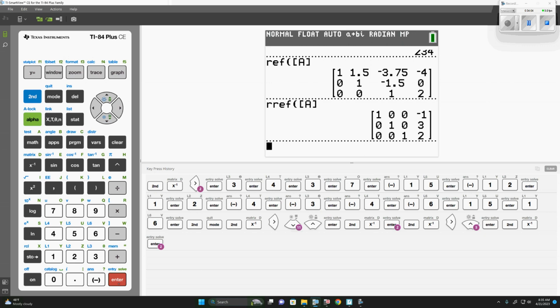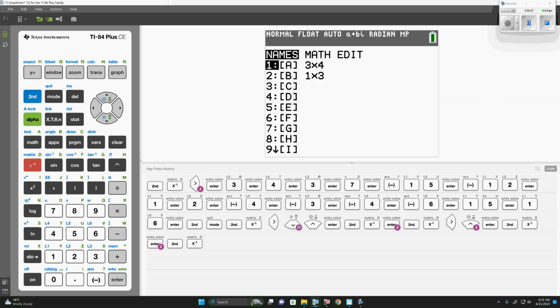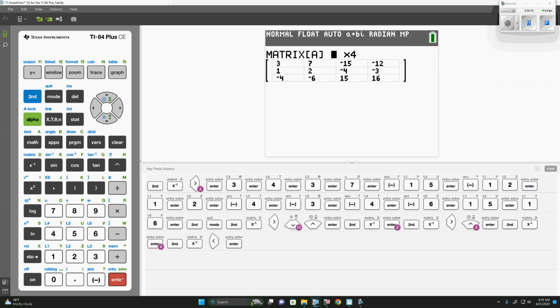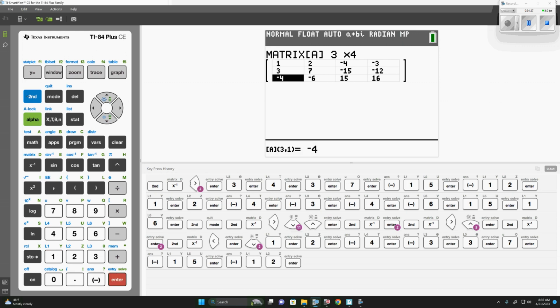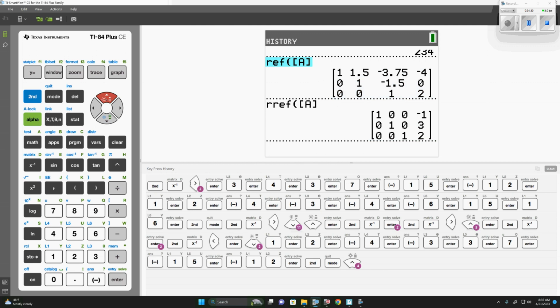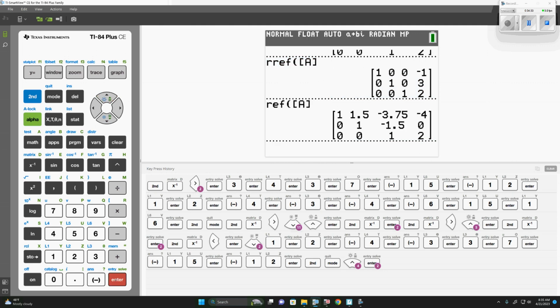So if I went back and switched those 2, like we did at the start, and said 1, 2, -4, -3, and then put 3, 7, -15, -12, and quit, and did our REF, well, we end up getting the same thing, but that's fine. Because in either case, we ended up with a little bit nicer numbers. Any questions on this here?